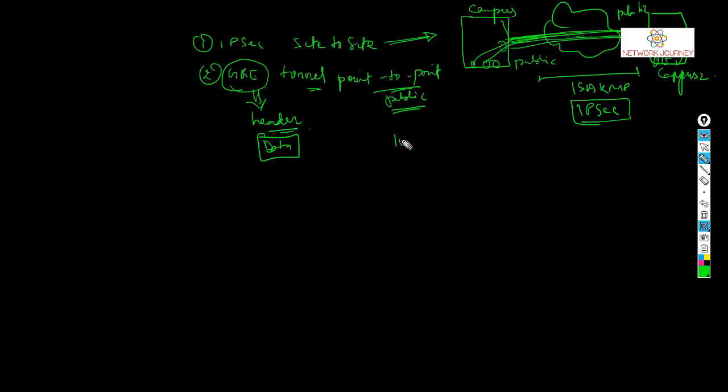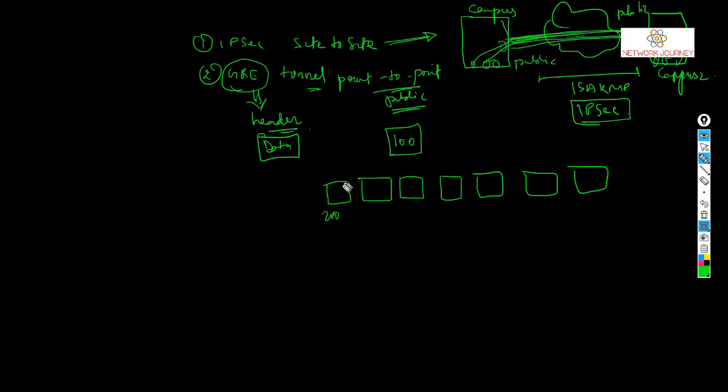So let's say if you had to send 100 data packets over IPsec, now with the help of GRE the same 100 would become 200, because the data gets fragmented into smaller bits and each piece is added up with the GRE header. So basically the GRE header is bulkier, which makes the data shrink. Now today we are going to check DMVPN.